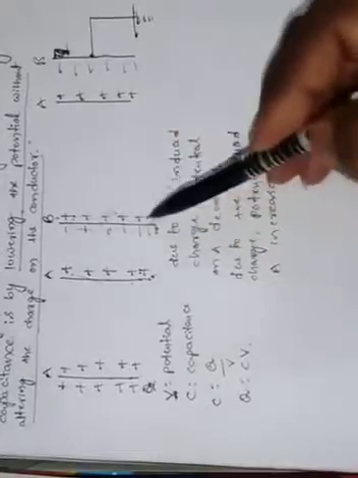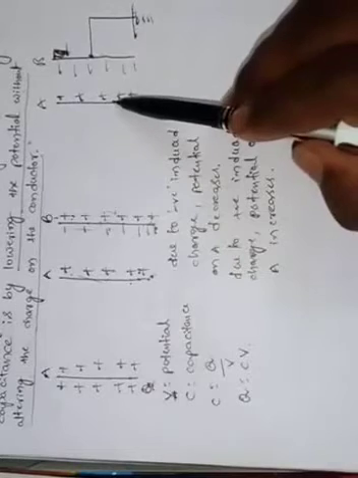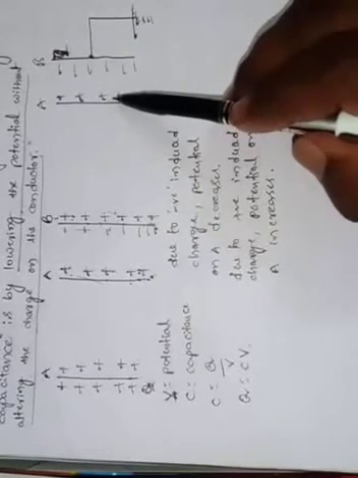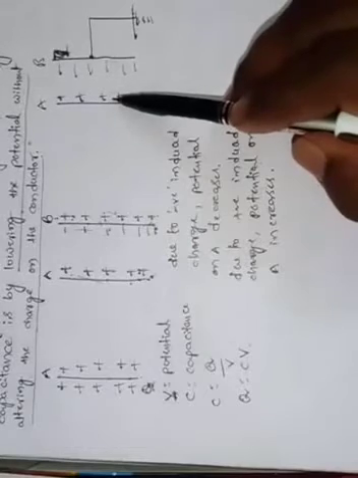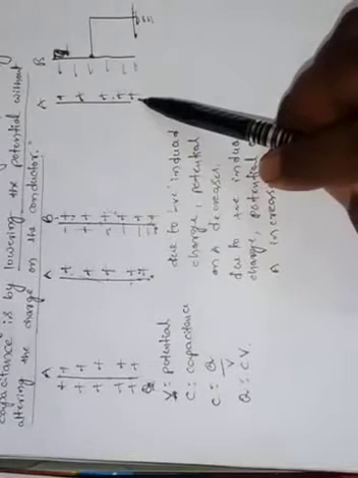The positive charge is completely neutralized due to earthing, but the negative induced charge is strongly held by the attraction of the positive charge on metallic plate A. So finally, due to this negative charge, the potential on A decreases.